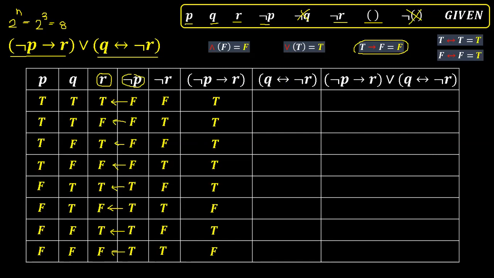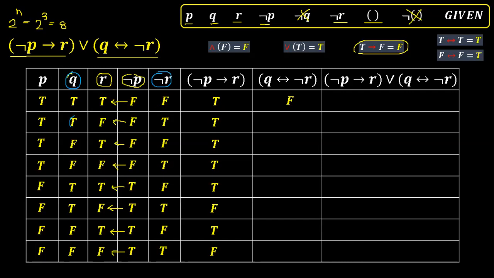So for Q, if and only if negation of R, this one, Q and negation of R. So it says that if both statements are true, or if both values are false, then the truth value is true. So T and F, they are not the same, so therefore that is false.